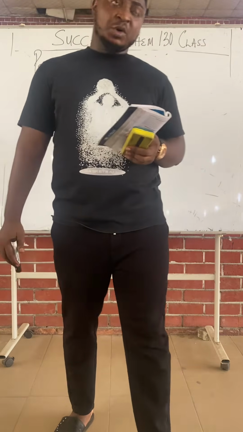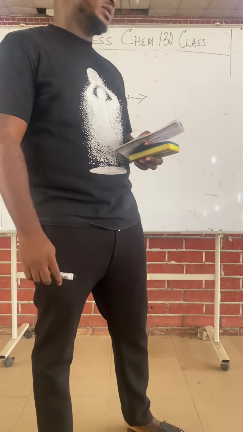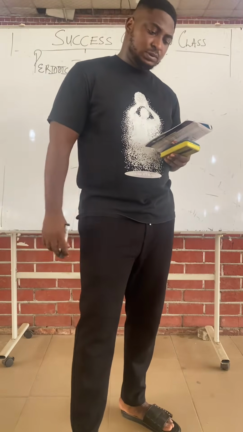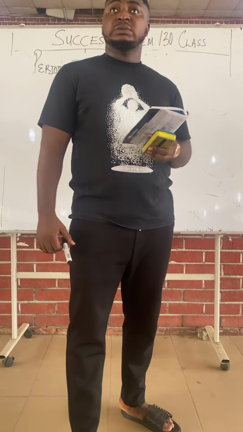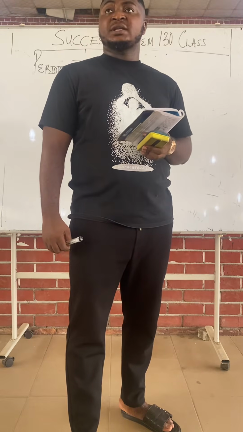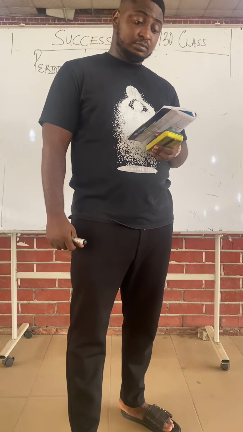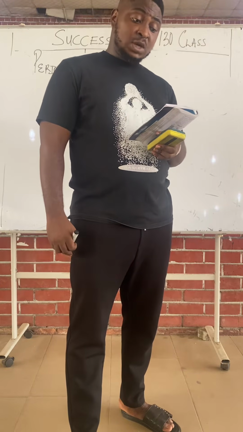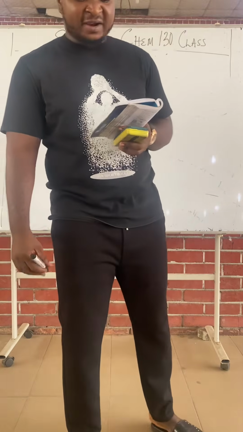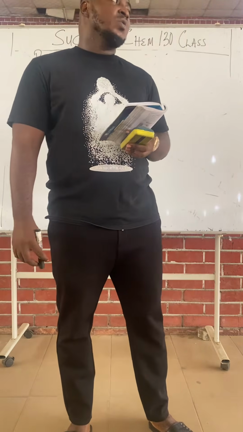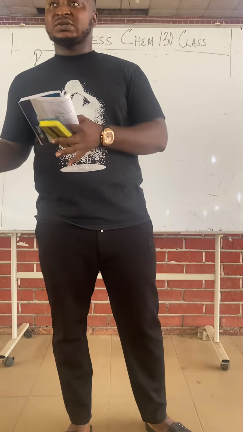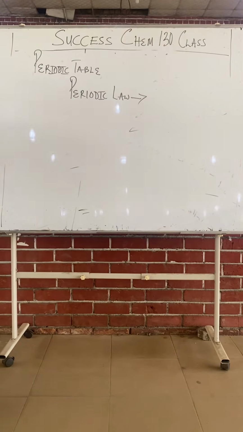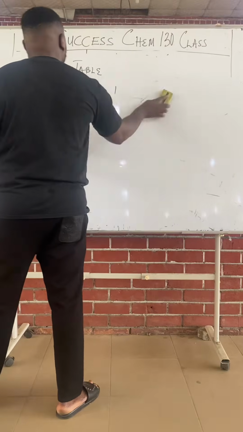Now, characteristics of the modern periodic table. One, elements are arranged in rows in order of increasing atomic number, called periods.